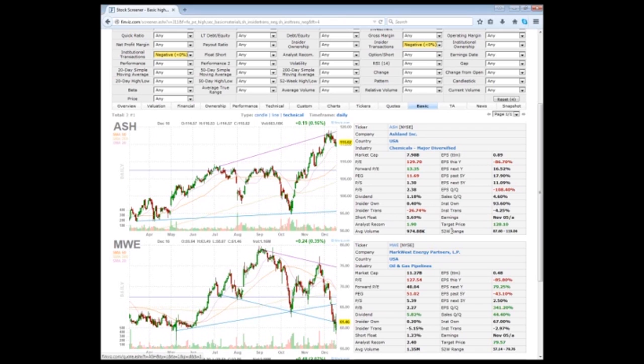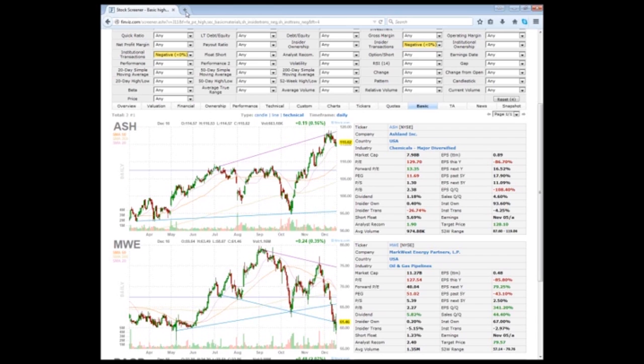So on this example, ASH, we can see that the insider transactions were negative 26, institutional transactions negative 4. We have a high price to earnings ratio, poor earnings per share, poor earnings reports.